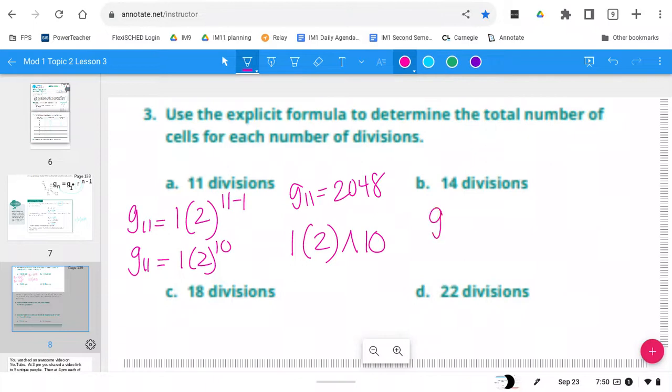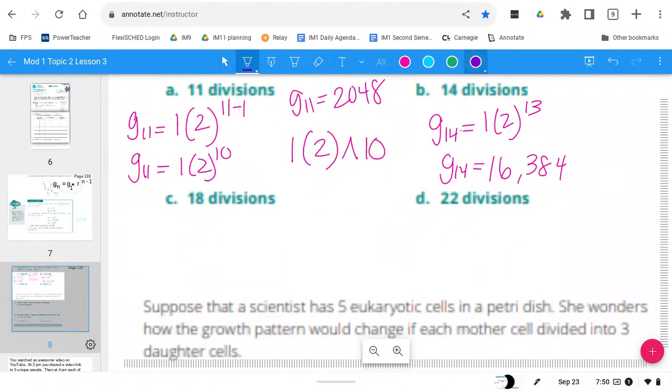Okay, so the next one, G sub 14. First term is 1. We multiplied by 2 each time. 14 minus 1, which is really 13. So for our 14th, we got 16,384. So pause the video, try the next 2. I'm just going to write in those answers.